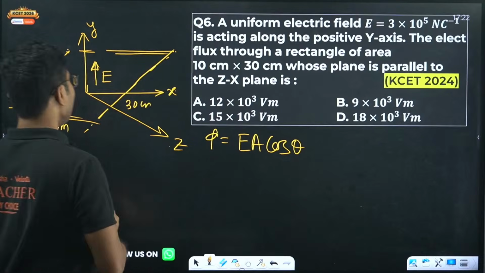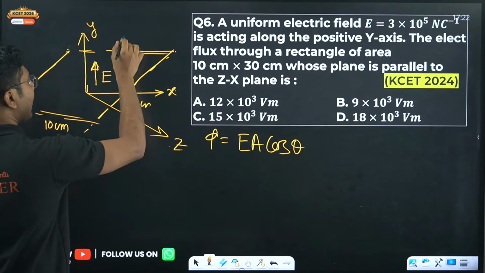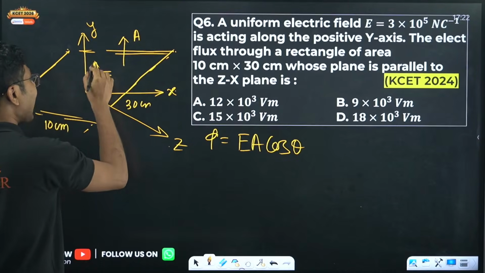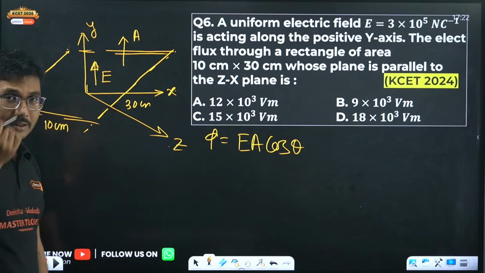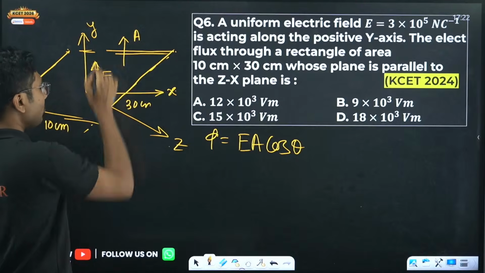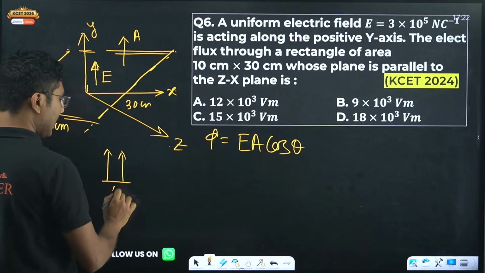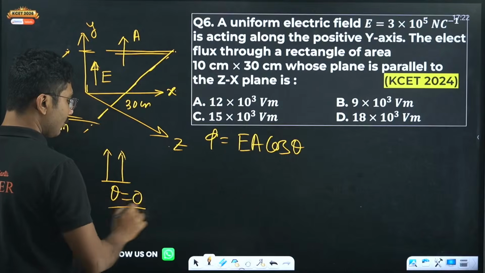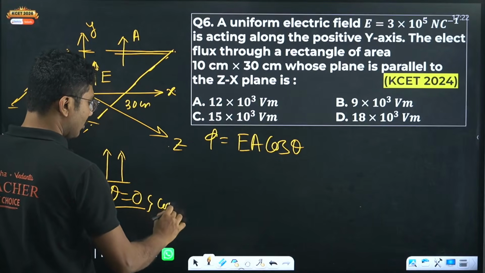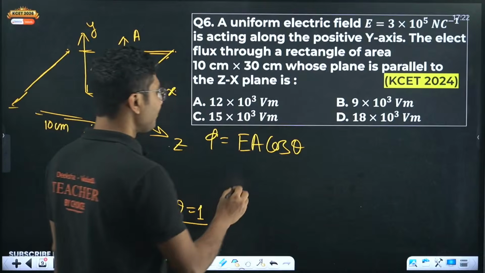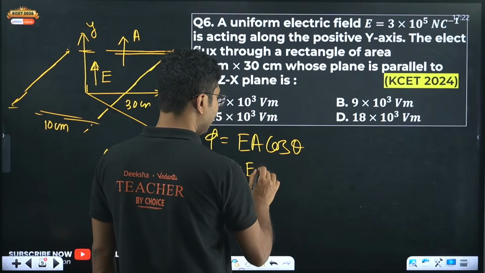Here the area vector is normal to the surface, and the area vector and electric field are both in the same direction. If two vectors are in the same direction, then the angle between them is 0, and cos theta will be 1. So in this case the electric flux is simply E into A.